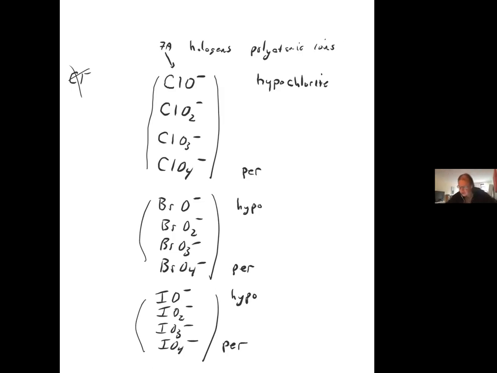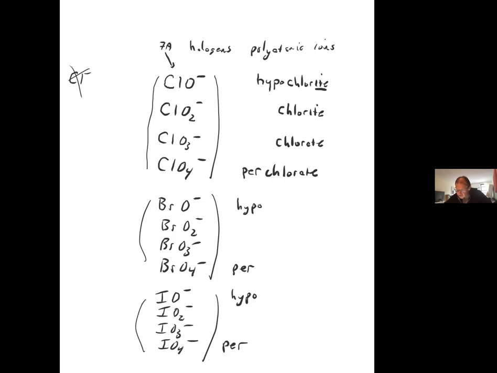Hyper or per. Okay, and then the first two end in ite. So hypochlorite. The second one, you just drop the hypo and it's just chlorite. So that's cool. Hypochlorite and then chlorite. And then the next two end in ate. And then perchlorate. So notice the pattern.